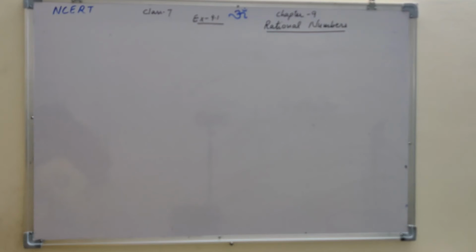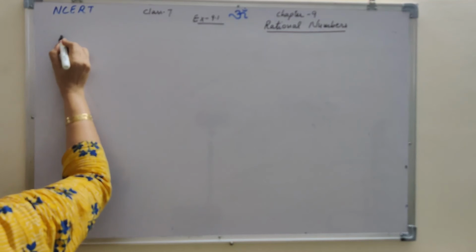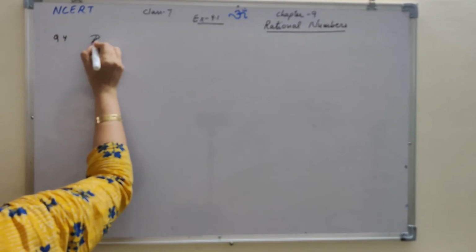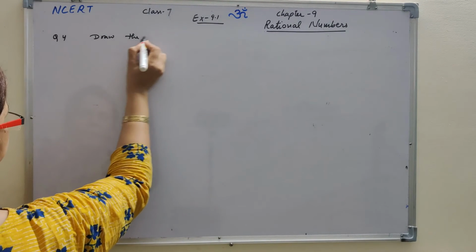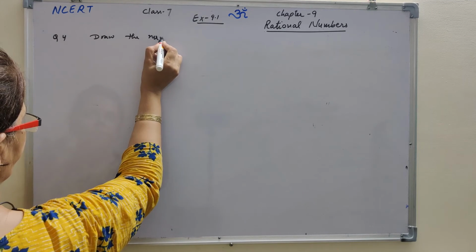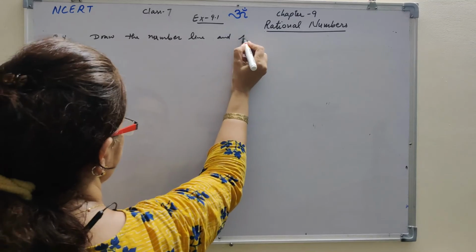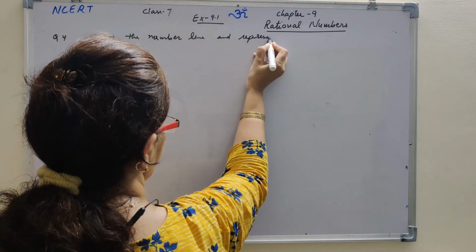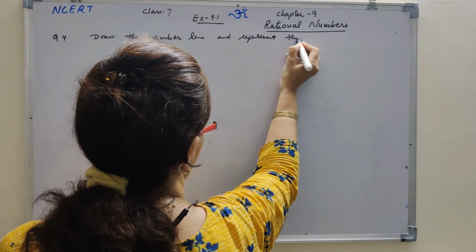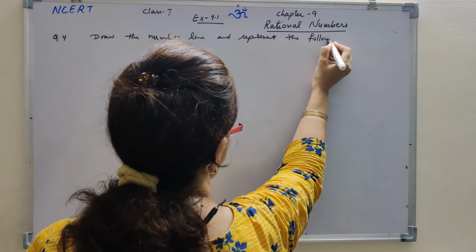It is, draw the number line and represent the following rational numbers on it, right? So it is question number 4.